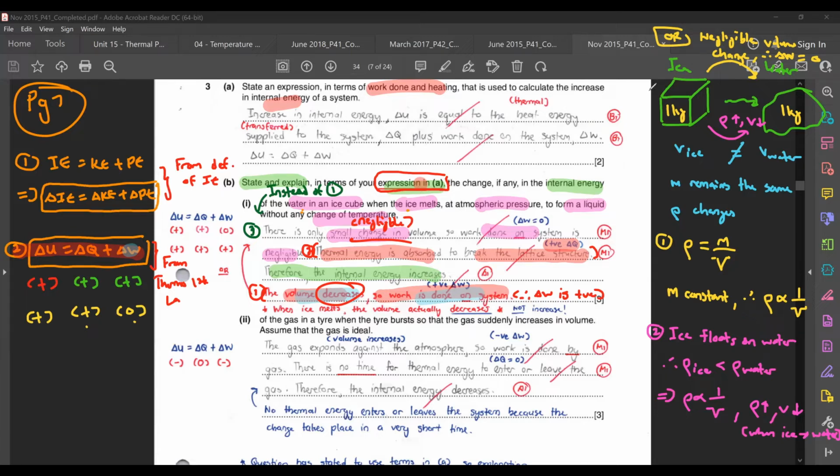Then after that, I go through the last one for you. Okay, now the last one is this one, where they tell you, what is the change in internal energy of gas in a tire when the tire bursts so that the gas suddenly increases in volume. Assume that your gas is ideal in the first place. Okay, so again, same thing. You're supposed to explain it based on internal energy.